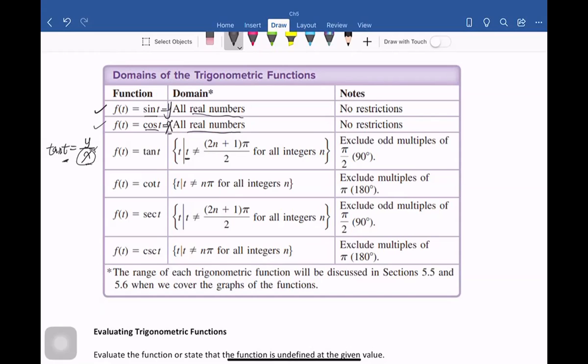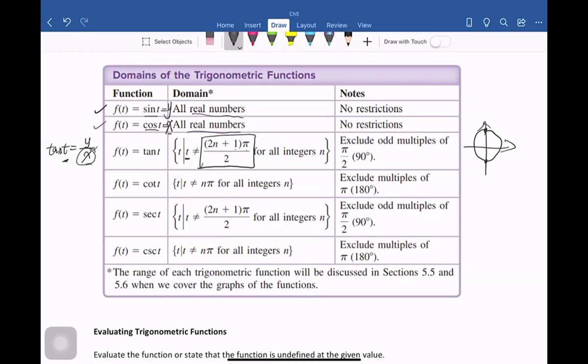So we can't choose t equal to (2n plus 1) times pi over 2. This expression means the points here, here, and here.